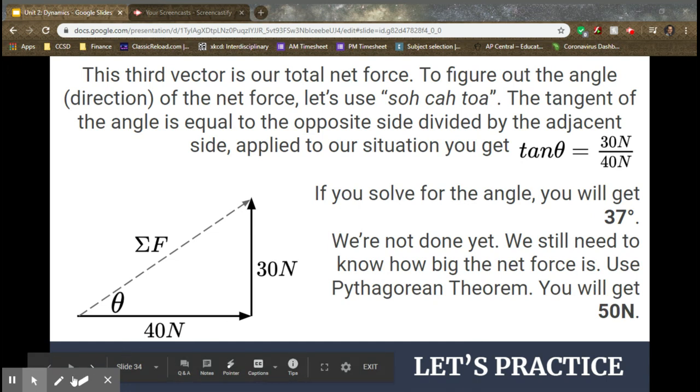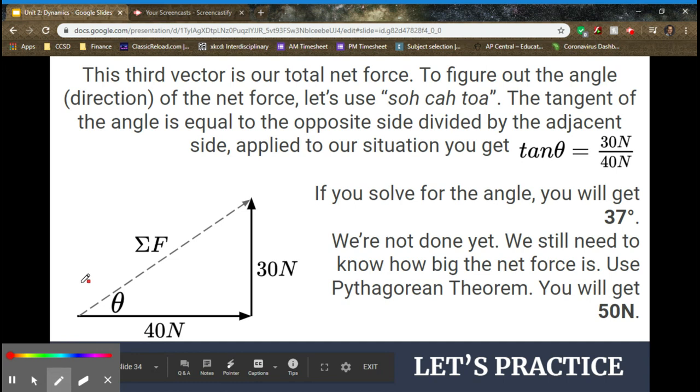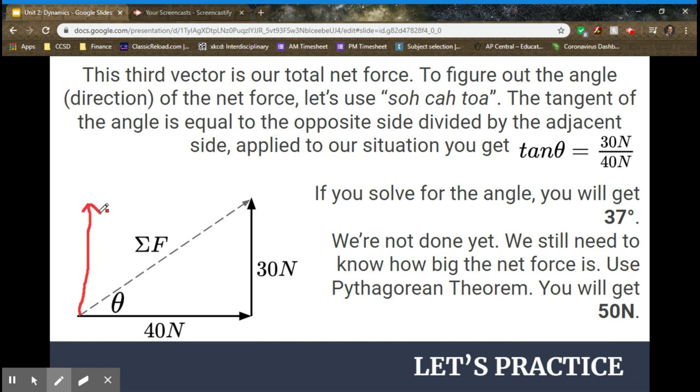Now, you could have set this up differently. Instead of doing 40 newtons first, we could have first done our 30 newtons up, and then we could have done our 40 newtons to the right next.